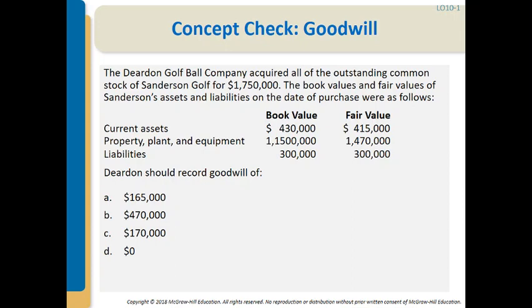So whatever that is, $1,585,000. You subtract that from the $1,750,000. So you're going to have goodwill of $165,000.